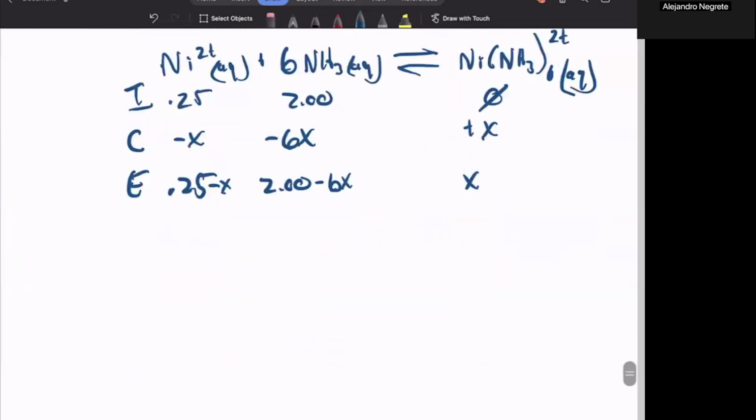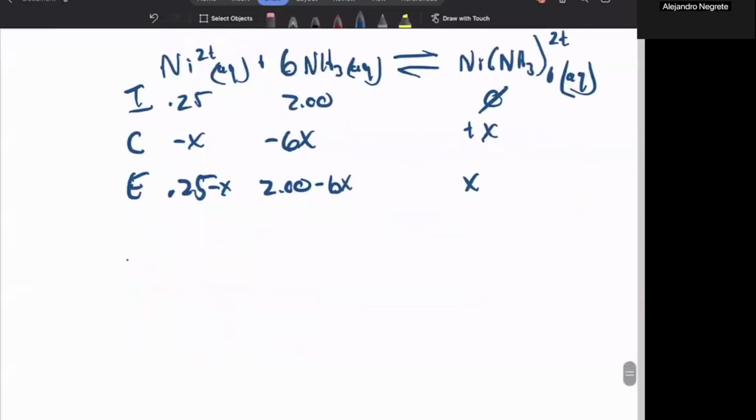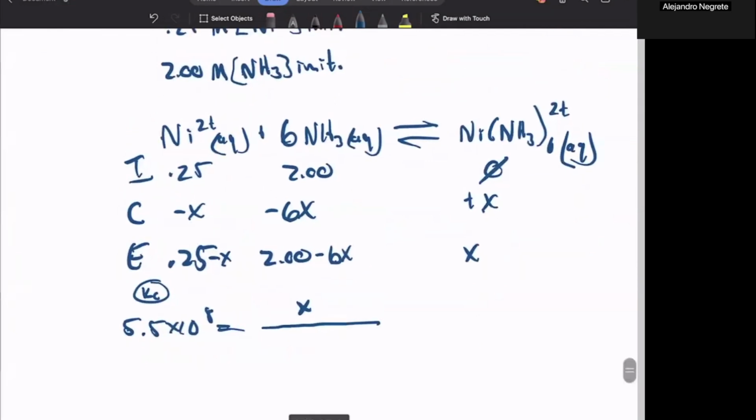So our model here, 5.5 times 10 to the 8th, this is our K sub C, is equal to the products over the reactants. So it's going to be x. And because our K sub C is so large, we get to ignore this x, and we get to ignore this x.